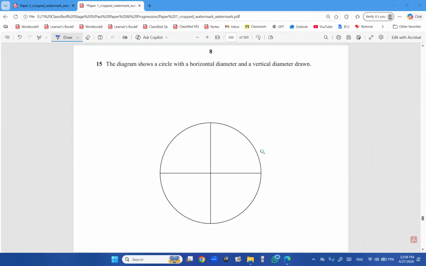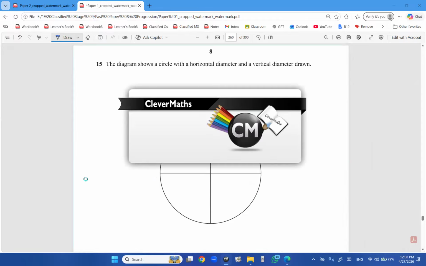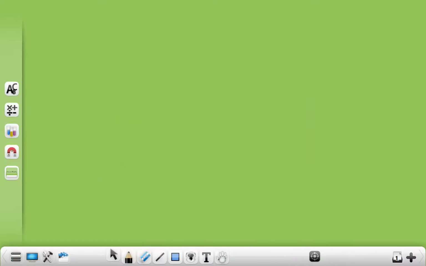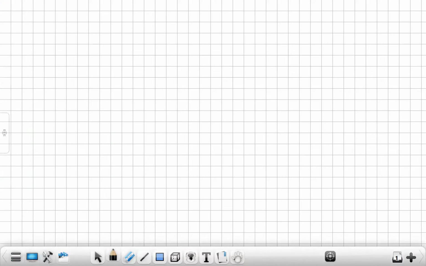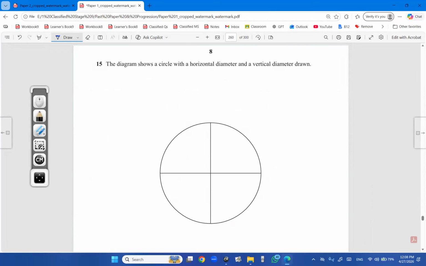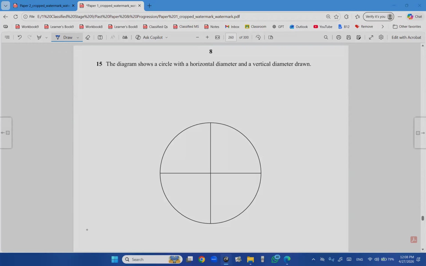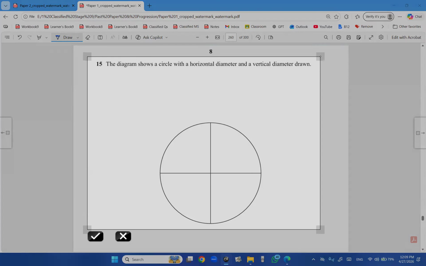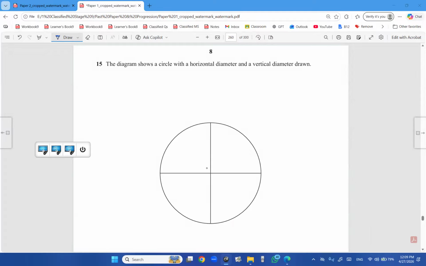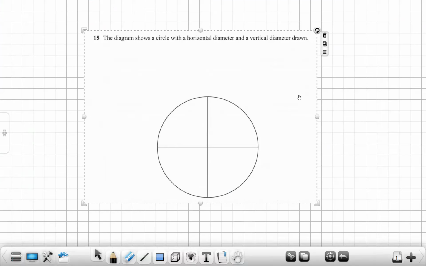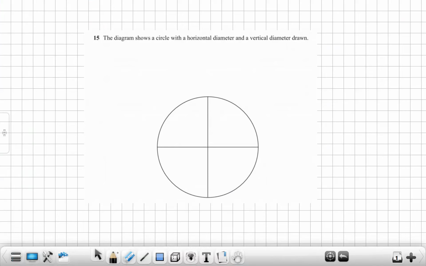In this question, I'm going to copy it to the application so that I get all the math equipment. They want you to inscribe an octagon. So for the octagon, you must have a diameter and the perpendicular bisector of that diameter.